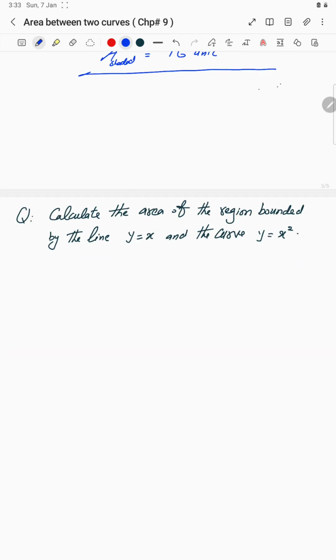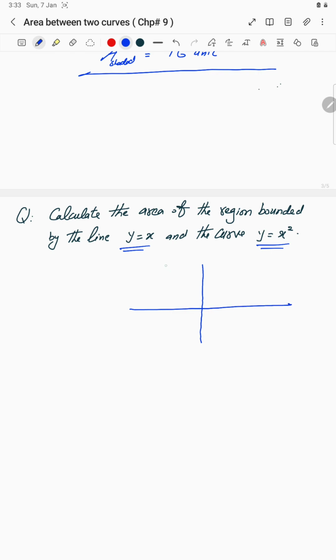Okay guys, now in this question we have to find the area of the region bounded by the line y equal to x and the curve y equal to x square. It's optional, but we can draw the figure.